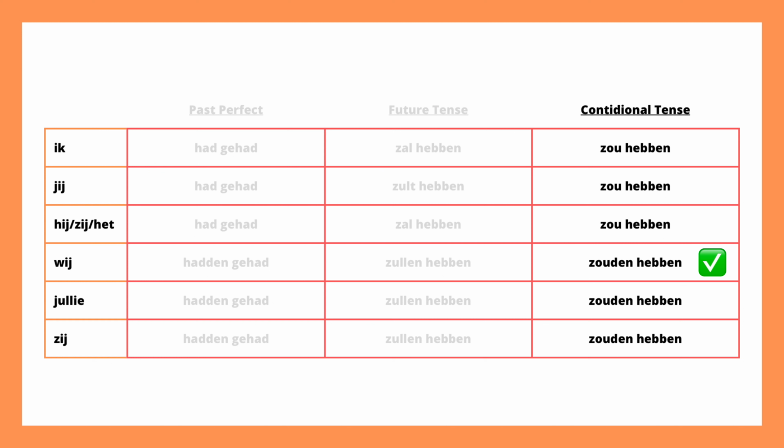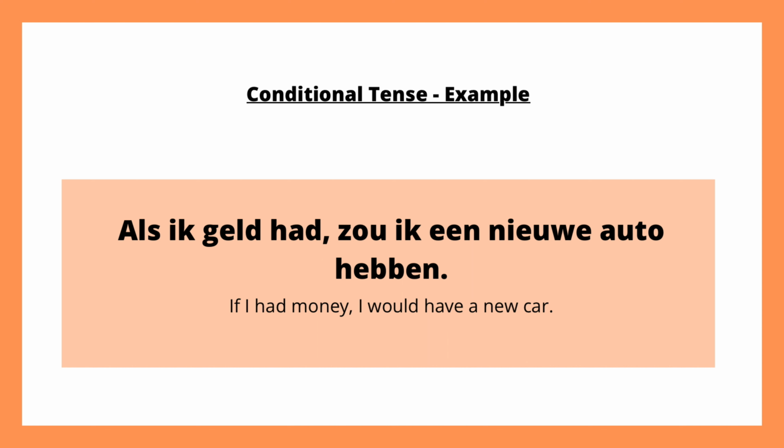Wij zouden hebben. Jullie zouden hebben. Zij zouden hebben. For example, als ik geld had, zou ik een nieuwe auto hebben. In Dutch, the conditional tense is formed by using the auxiliary verb zouden with the infinitive form of the verb.